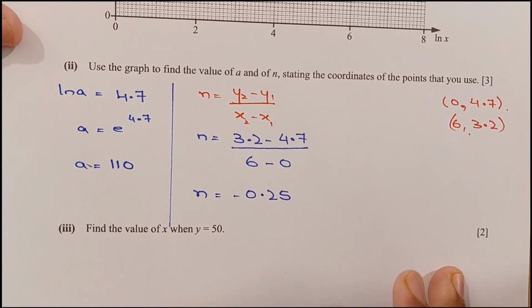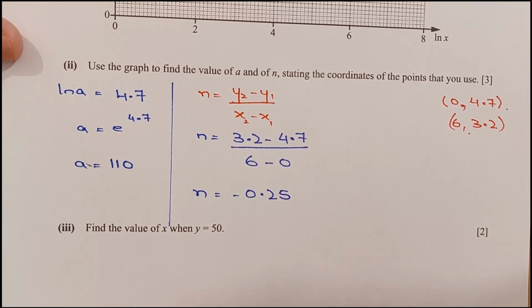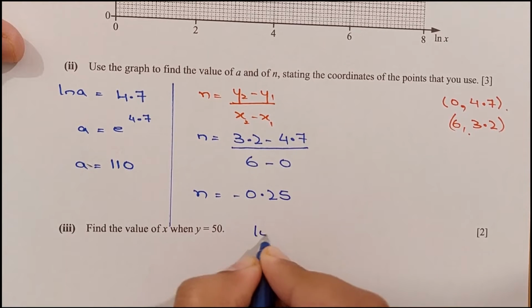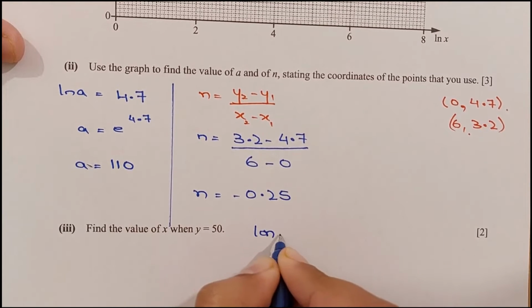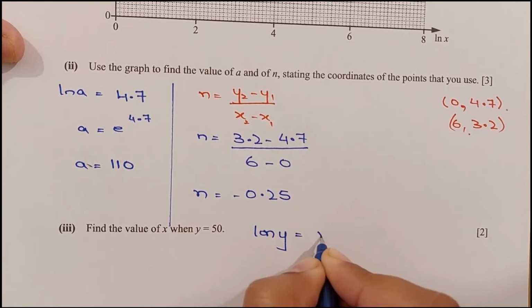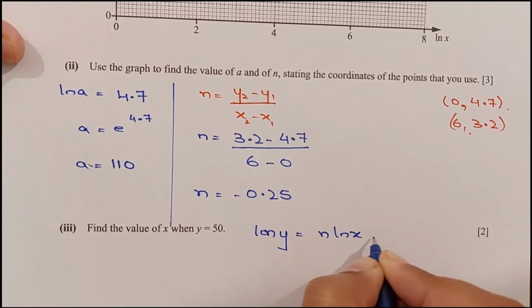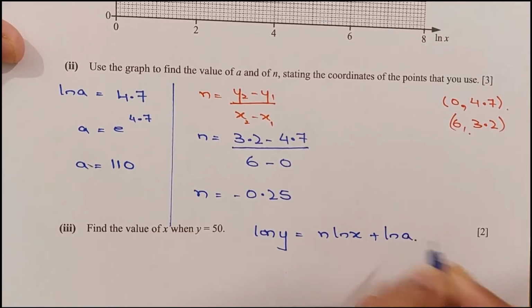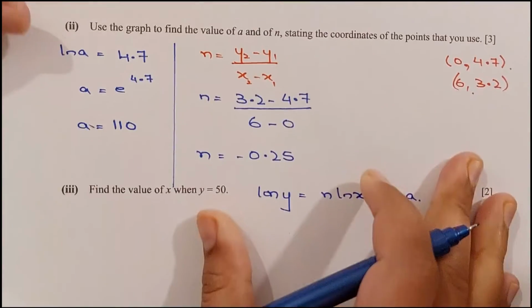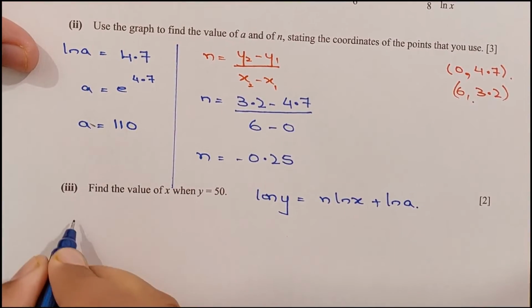Now for part 3, find the value of x when y is equal to 50, right? So we have the equation natural log of y equals n times natural log of x plus natural log of a. This equation we have, right? So substitute y equals 50.